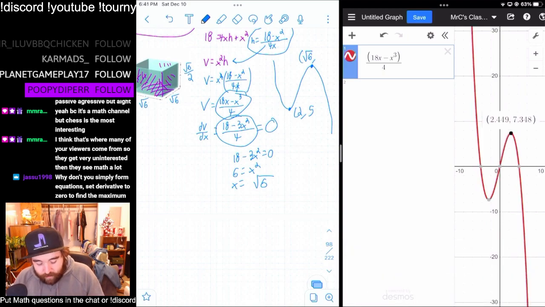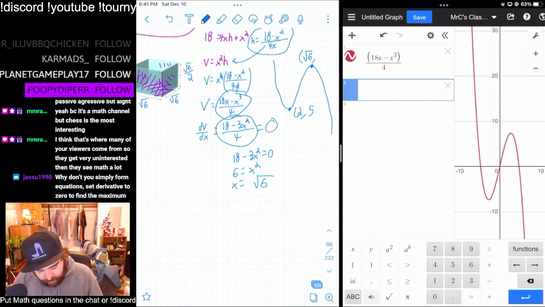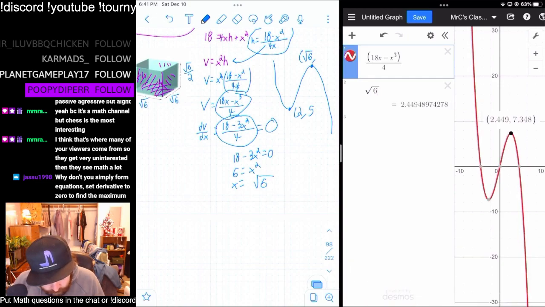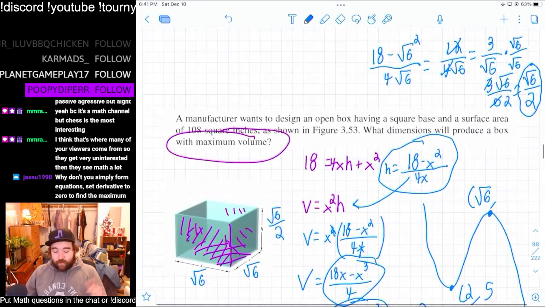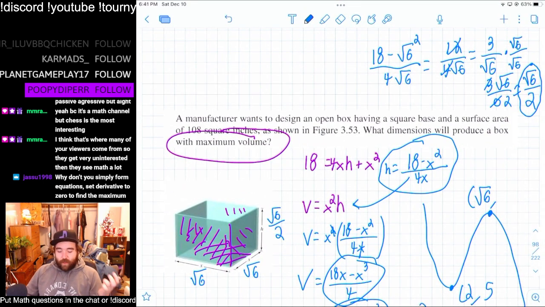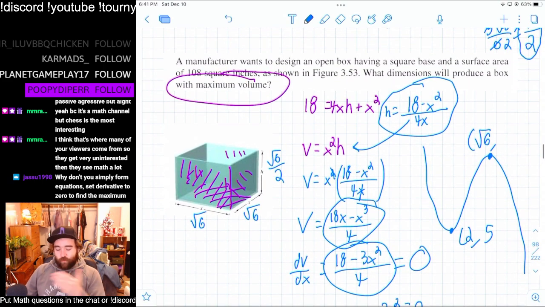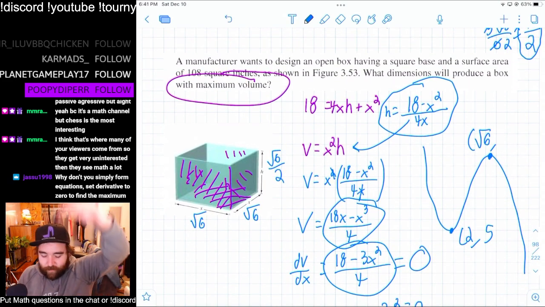And that's our answer right there. Square root of 6 is 2.45-ish, or 2.449. So that's the value of x that'll maximize our volume. The biggest box we can build, if we know that surface area has to be 108, is root 6 by root 6 by root 6 over 2.